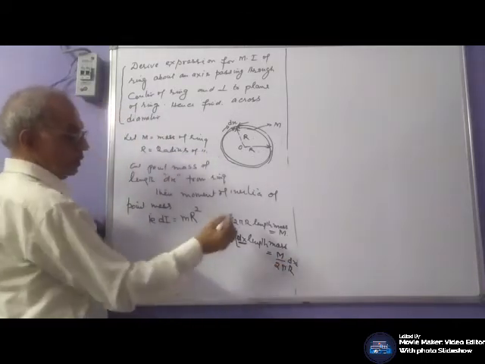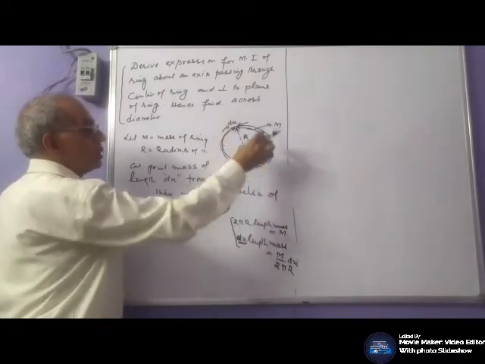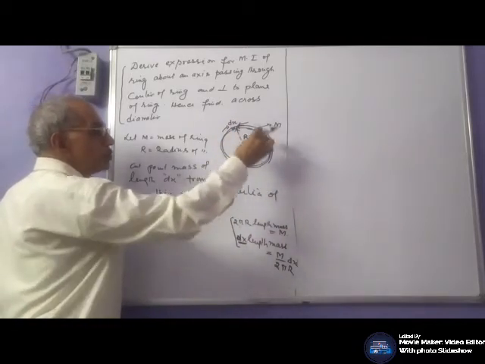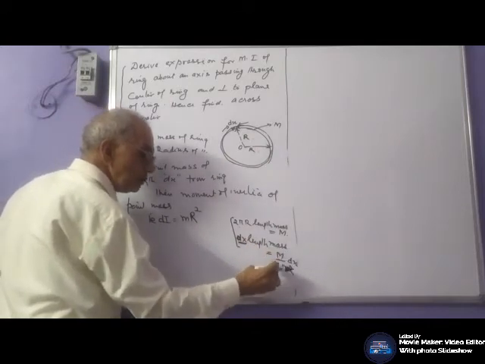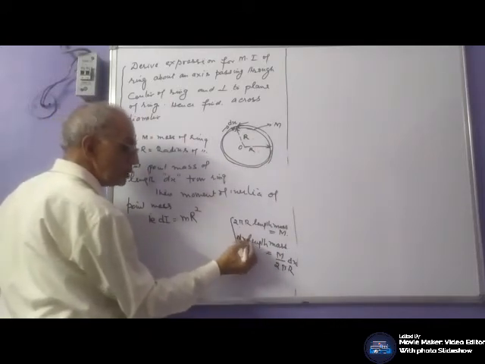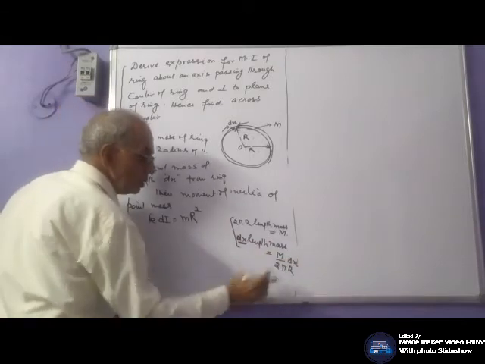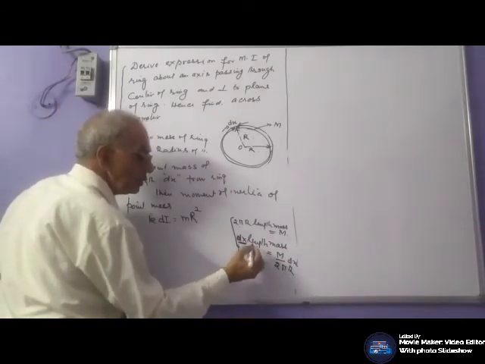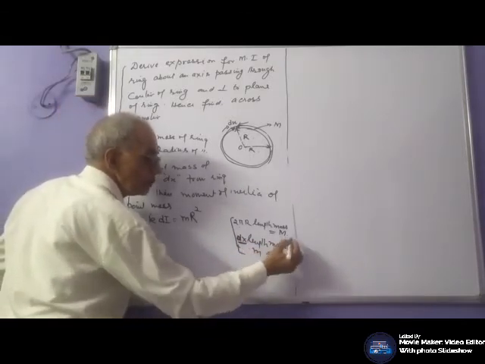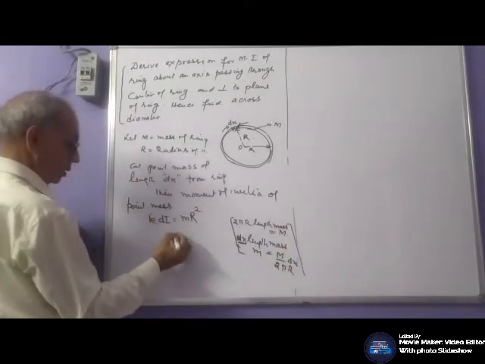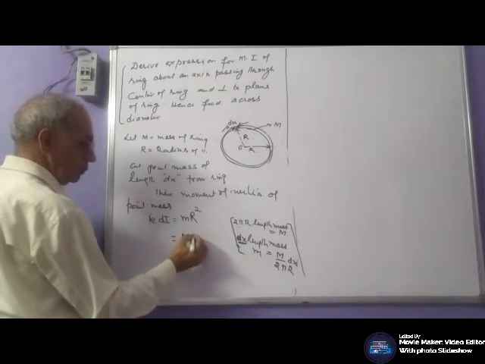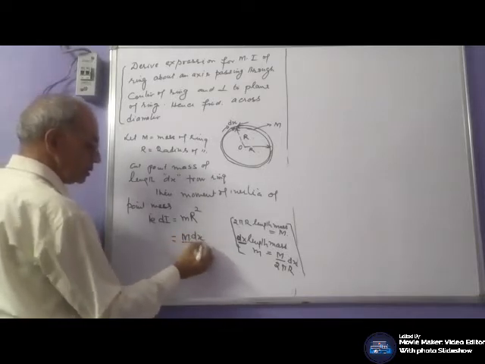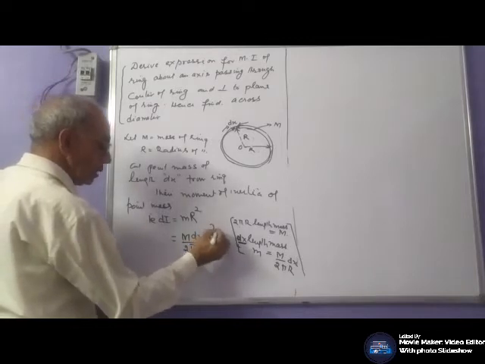Again, circumference 2 pi r, the mass is M. If 1, it is M by 2 pi r. What is the length? Dx. So this small m is M dx by 2 pi r.